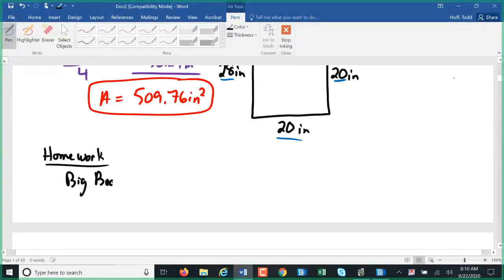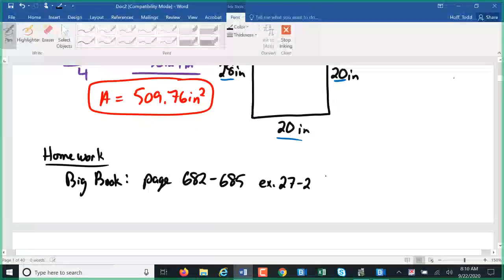Homework today is going to come out of the big book. Pages 682 through 685, Exercise 27-2. Problems 1 through 30. Actually, probably 7 through 35 on this one.